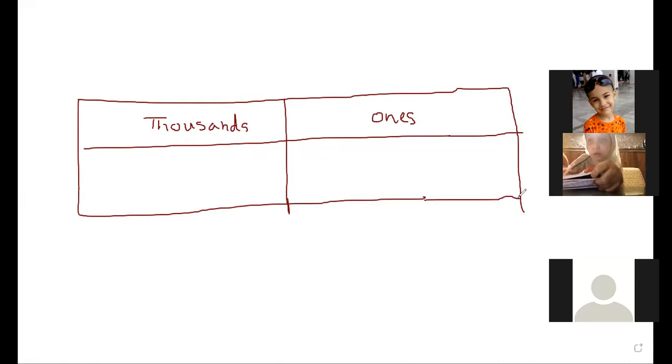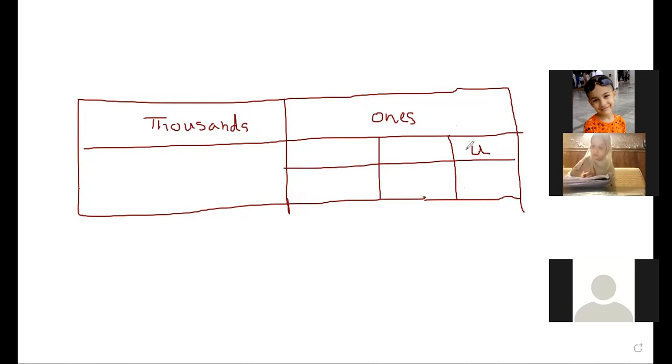And we know under ones, we have what? Under ones, we have 3 place values: 1, 2, and this one is 3. The first one is units, the second one is tens, and the third one is hundreds.